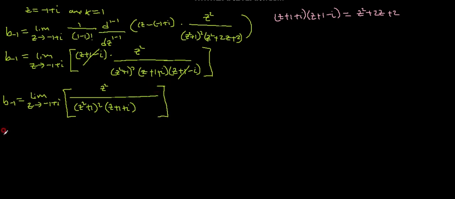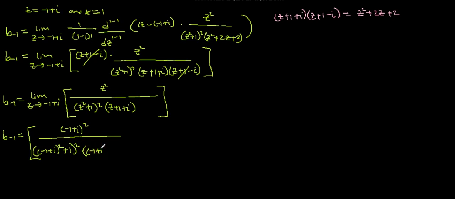So substituting now, taking the limit, we are going to have minus 1 plus i all squared divided by minus 1 plus i squared plus 1 all squared, multiplying minus 1 plus i plus 1 plus i.